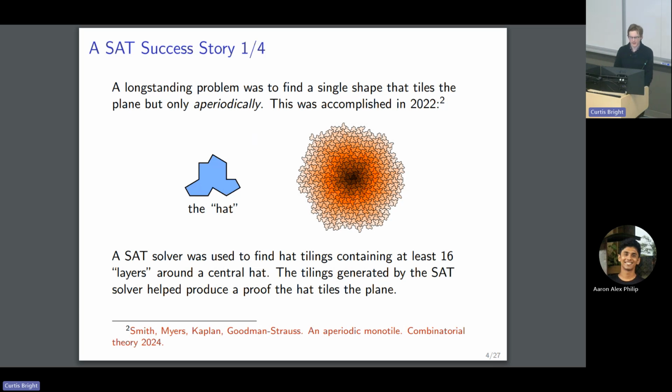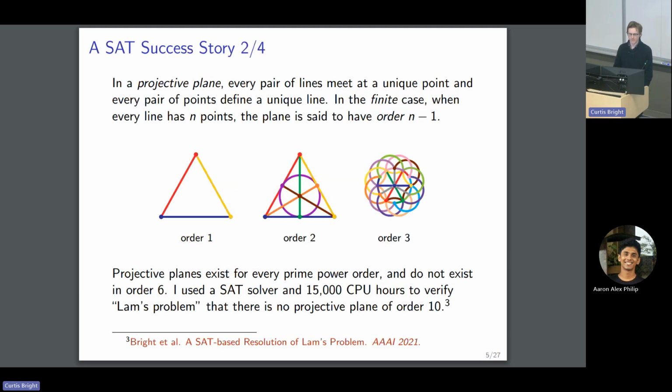Anyway, it's a really cool success story. You can read the paper. And Craig Kaplan, who is a professor at Waterloo, wrote an interesting article in Scientific American about the journey they went on to find this thing, because it was an interesting way they found it.